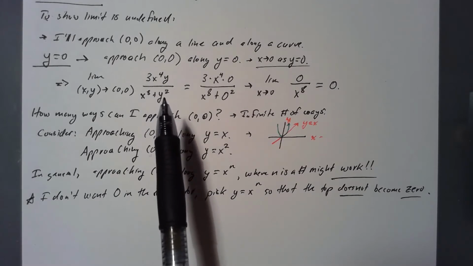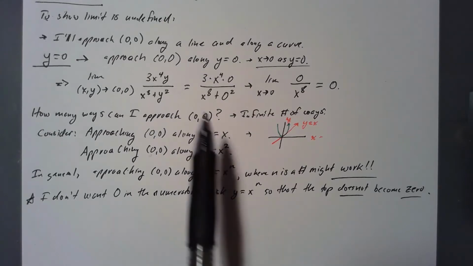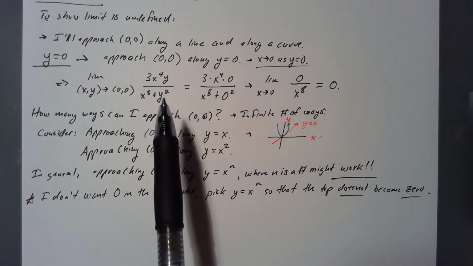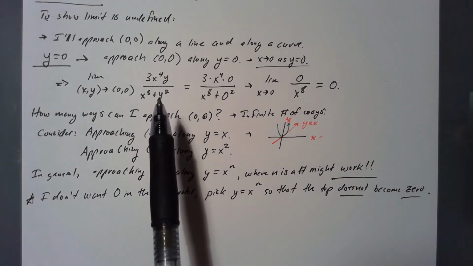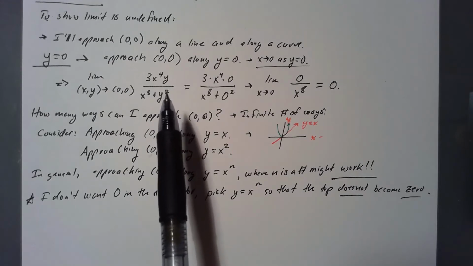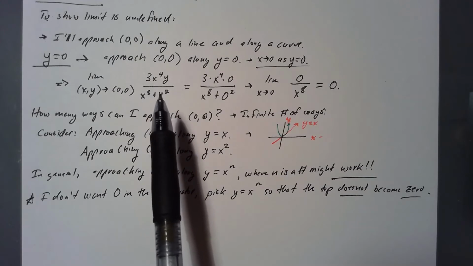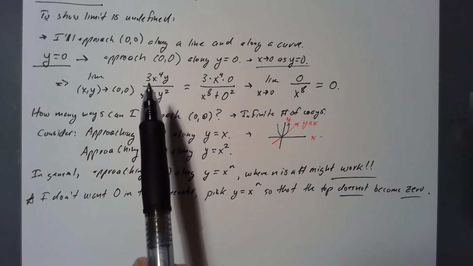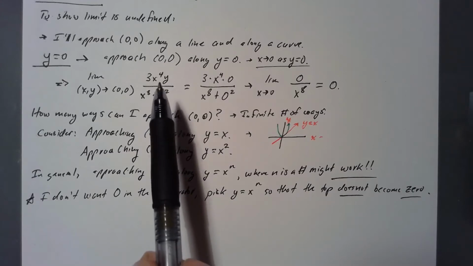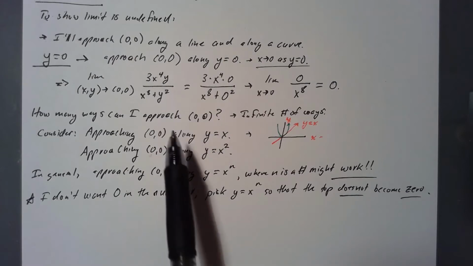If I plug in y equals x squared, I'll have x to the eighth plus x to the fourth on the bottom, because it'll be squared, and x to the fourth up here. I can't add them together, but that could work.